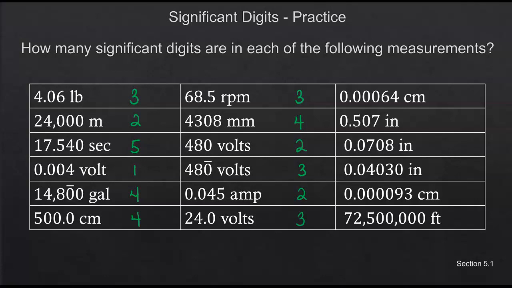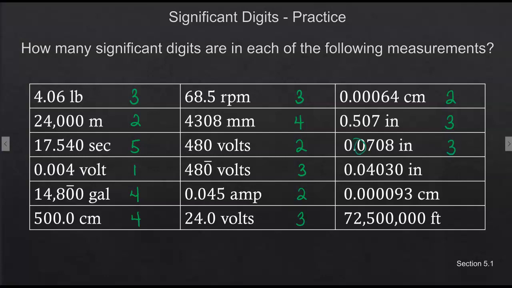Next column. So this one only has 2 significant digits, all the way out there to the hundred thousandths place. The next one is 3. 0.0708 is 4, which is 708 ten-thousandths. This next one has, wait, no, that's not 4. That one's 3, I'm sorry.